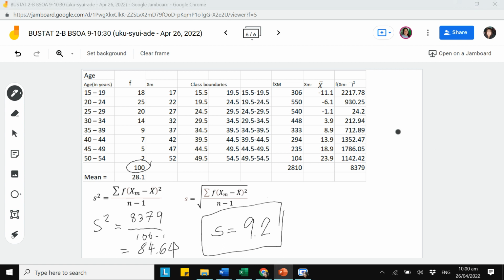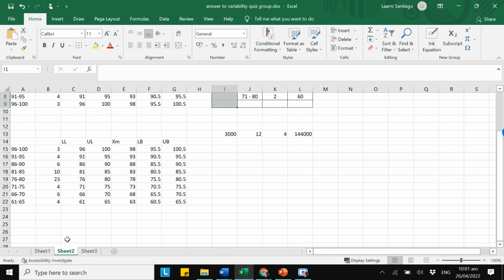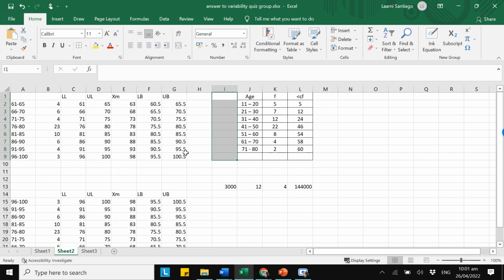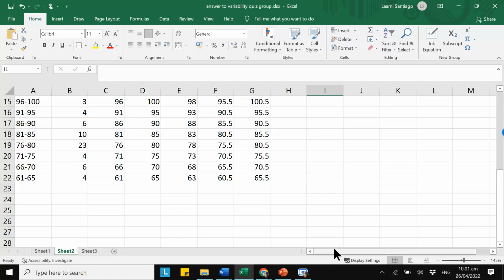Now, okay, now let's try using a different set of values. Okay, class. There are also cases wherein if you're going to look up information online, you will see the tables showing up like this. Ito.